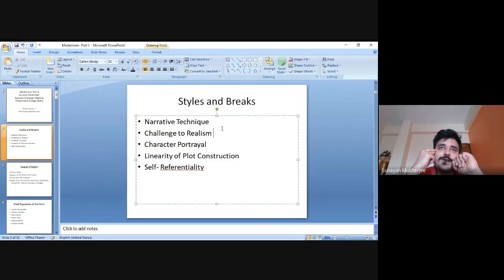Okay, and if the boy becomes conscious of this, that okay, now I am going out, now I have to say to her how much I like her, this entire act becomes self-referential, because you are becoming conscious of what you are trying to do. Okay, this is a characteristic phenomenon of modernist writing, that is, it becomes self-referential. Okay, the writing becomes a critique of writing. Okay, so this is the style and the break.